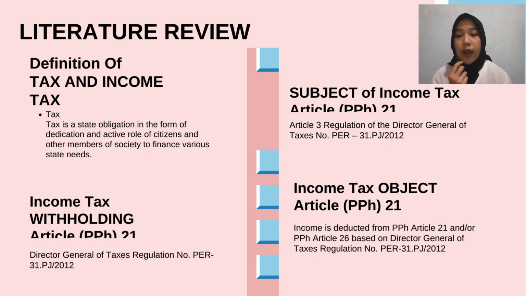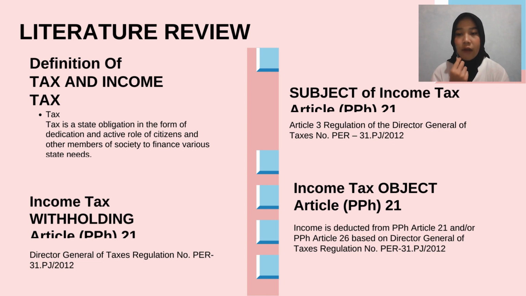Tax Law number 28 of 2007, Article 1 concerning general provisions and tax procedures states that tax is a mandatory contribution to the state owed by an individual or entity that is coercive based on the law with no direct compensation, and it is used for the needs of the country for the greatest prosperity of the people.